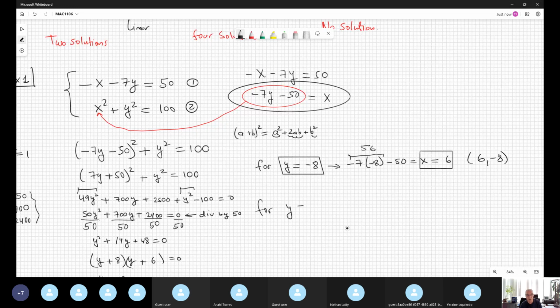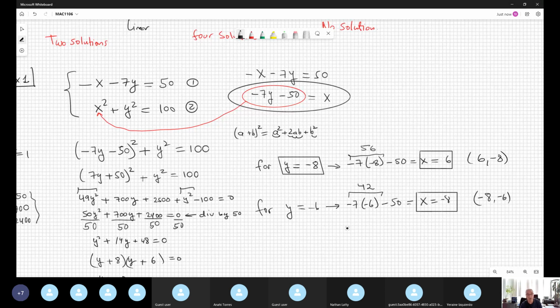Likewise, for y equal minus 6. Substitution, entonces minus 7 times minus 6 minus 50. This is positive 42. Minus 50 is negative 8. So x is equal to minus 8. Now the second point is the point minus 8, minus 6.